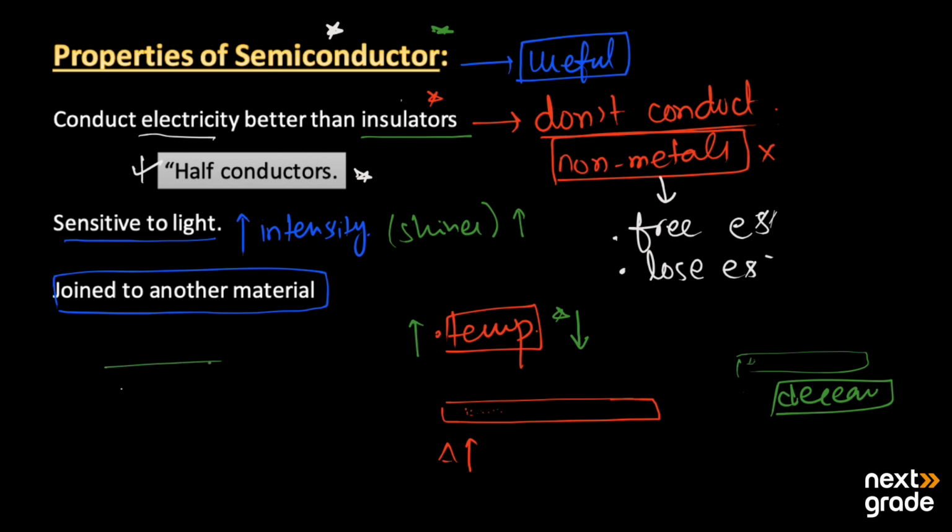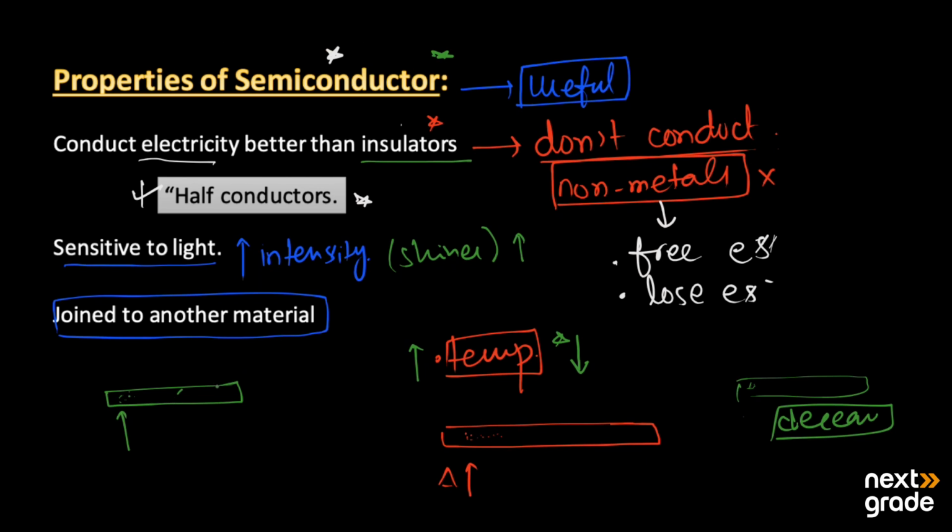So, for good conduction of electric current, like conductors, they are joined with other materials. By joining with other materials, they can behave in a better way, and that junction is maintained. In this way, transistors are made in real life.